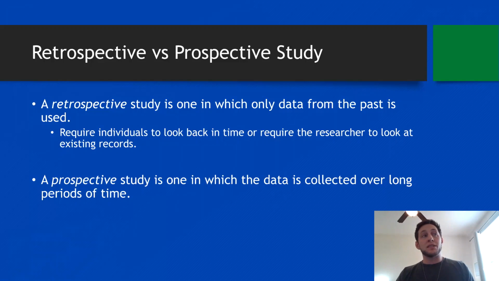For instance, if I wanted to know whether the implementation of seatbelt laws lowered traffic fatalities, well, I don't want to be doing any influencing there, but what I would do is probably look into the past and see what it was like before seatbelt laws were implemented, and then see what happens after they were implemented, all of which would be held in past records.